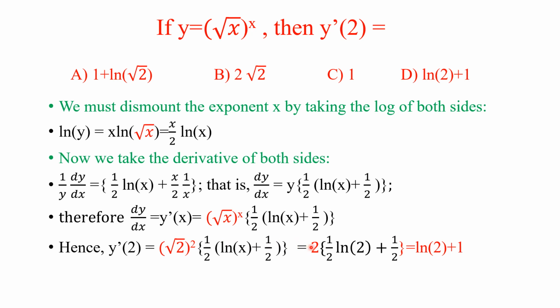So we can just take the 2 and multiply it by both terms here. So 2, and then we have a half here, plus we have a half here. So we take the 2, it will take care of the halves. We will be ending with ln of 2 plus 1, and that is the correct answer, which is choice D.